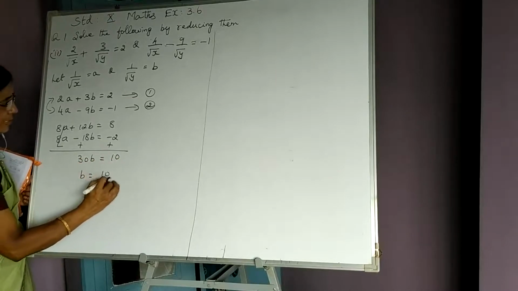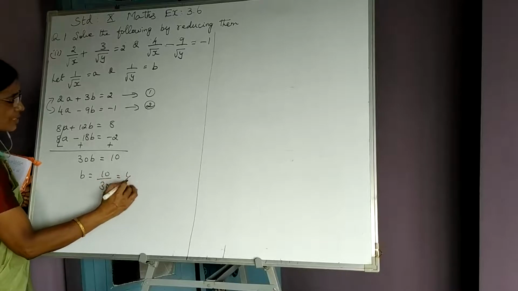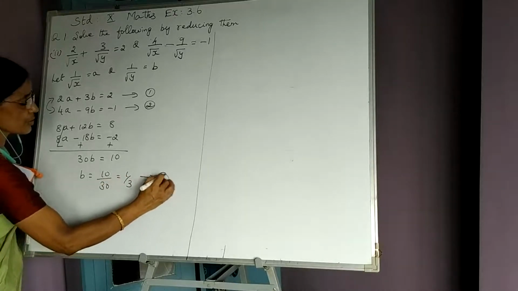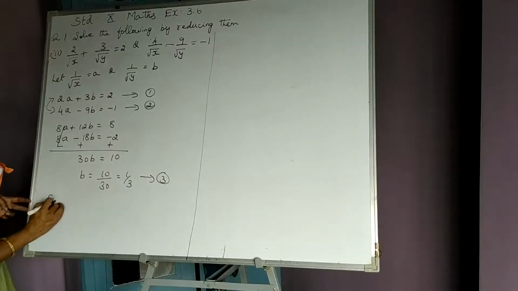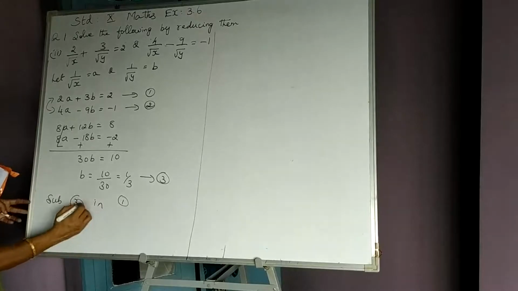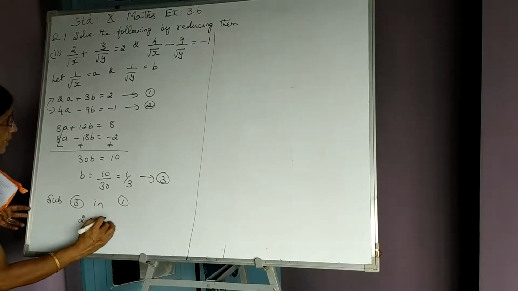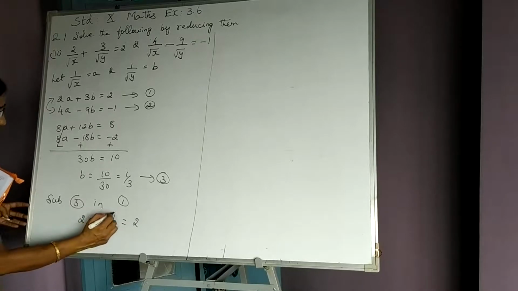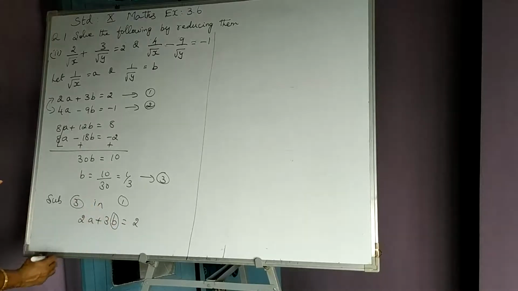Therefore, b is 10 upon 30, which is equal to 1 upon 3. This is the third equation. So we are going to substitute this third equation in the first equation. It becomes 2a plus 3b equal to 2. In the place of b, we are going to substitute 1 upon 3.